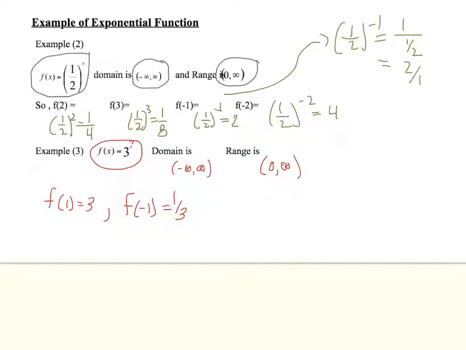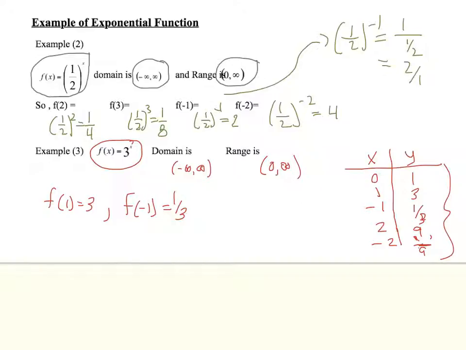So we could create a table, x and y. 0 is 1, always. 1 is 3. -1 is 1/3. 2 is 9. -2 is negative, or no, it's not negative, it's 1/9, right? It's not 1/2, by the way, it's 1/3. So there are errors in sometimes what I do, right?